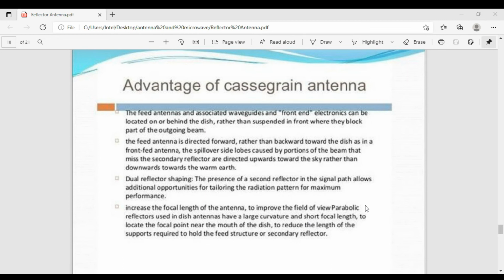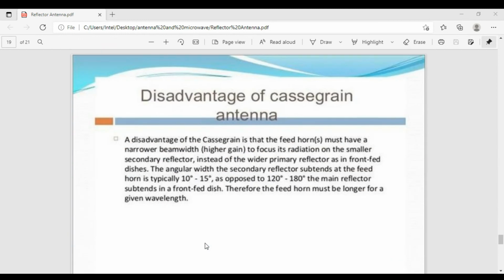Parabolic reflectors used in dish antennas have a large curvature and short focal length, to locate the focal point near the mouth of the dish and reduce the length of the supports required to hold the feed structure or secondary reflector.